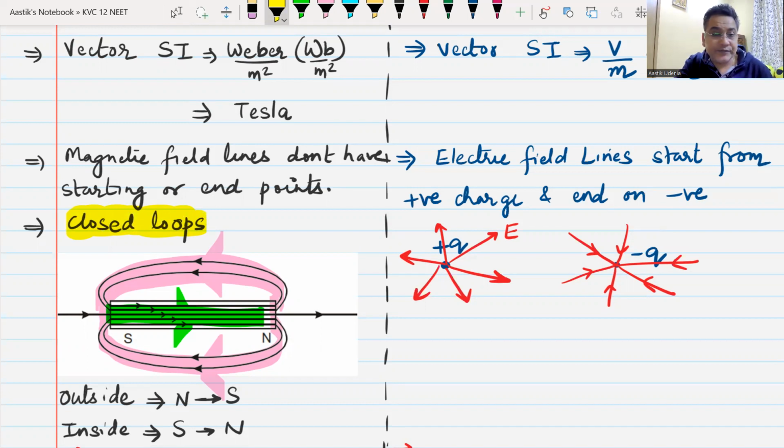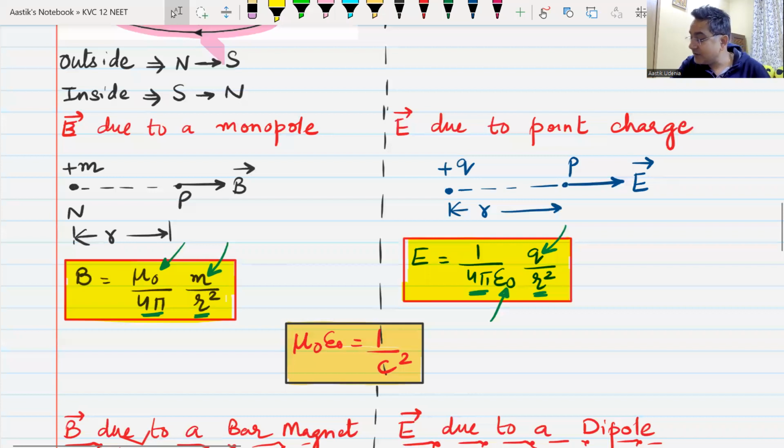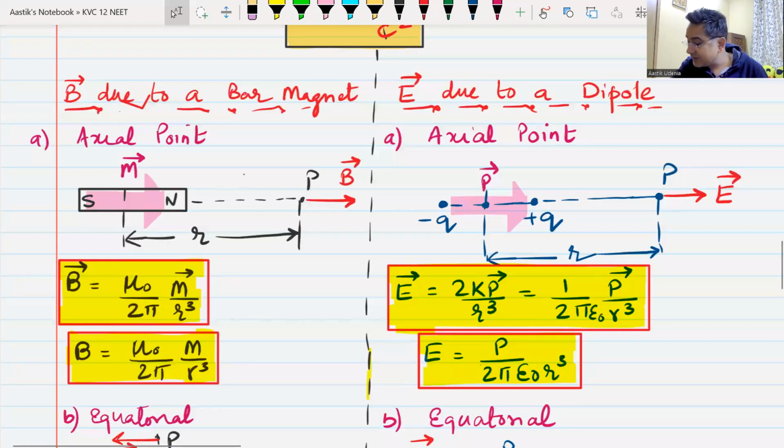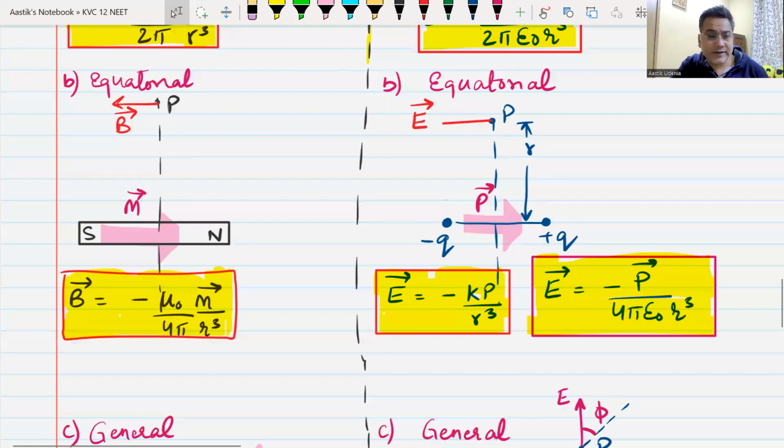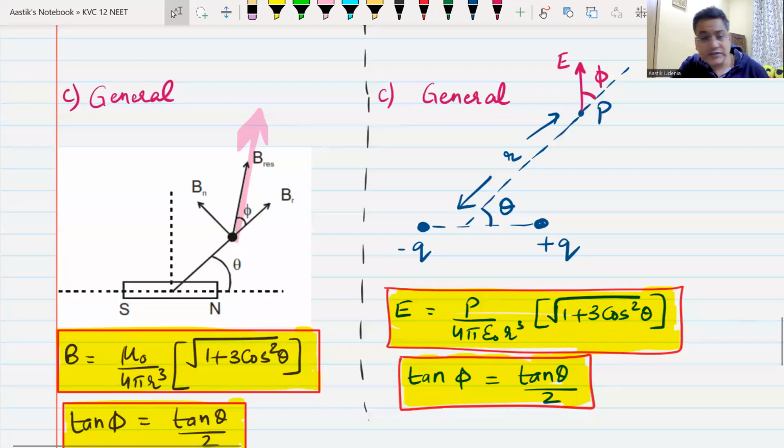We had seen the magnetic field due to a monopole, which is the same as the electric field due to a point charge. Then we moved on to the bar magnet. Axial point, we had seen the value of magnetic field. Equatorial point, we saw the value of magnetic field as well as electric field, and the general point, and that is where we finished the class.